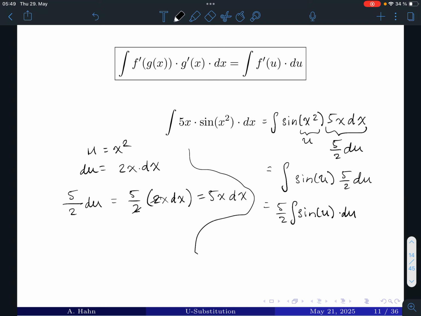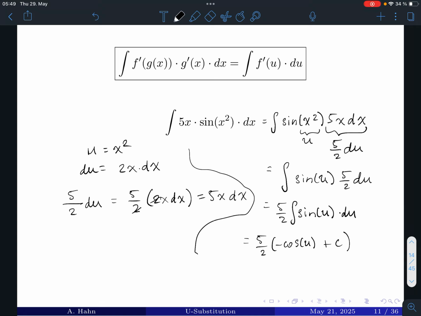And then just like we saw in the previous example, the integral of sine of u du is going to be negative cosine of u. So this is going to be 5 over 2 times negative cosine of u plus c.